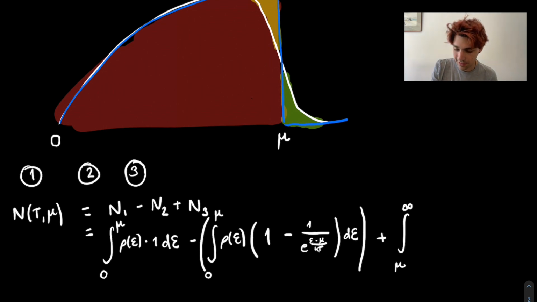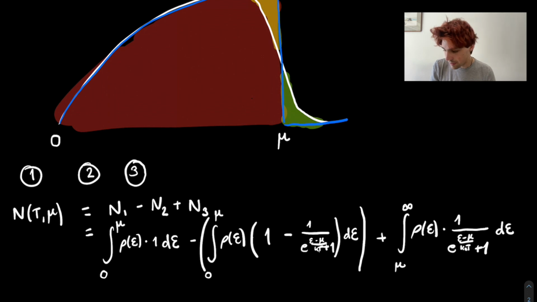Of course you can see at large energies there's not going to be very many particles, but that is going to be the upper limit. And what are we integrating? Well, this is just simply the area under the white curve right here, because there's nothing under the blue curve. We're going to get no contribution, so we're just simply doing the density of states multiplied by the Fermi distribution. And that's going to be integrated with respect to epsilon. And there we go, that is our sum right there.